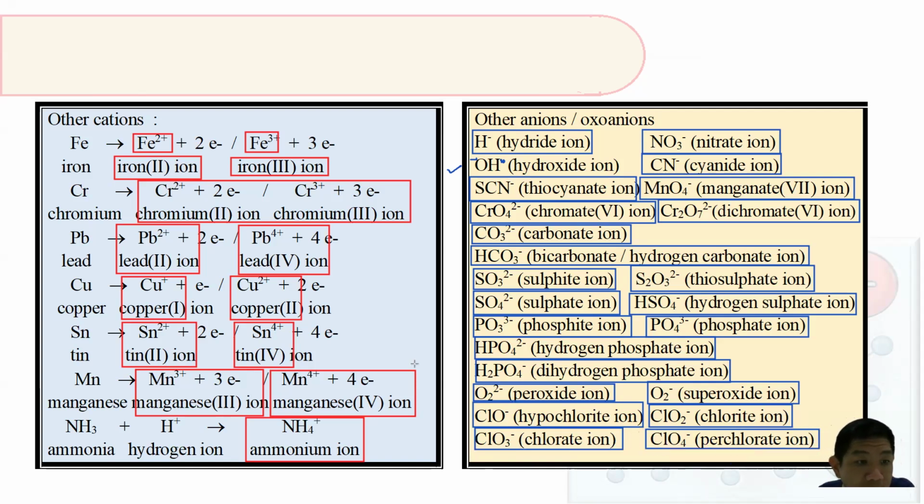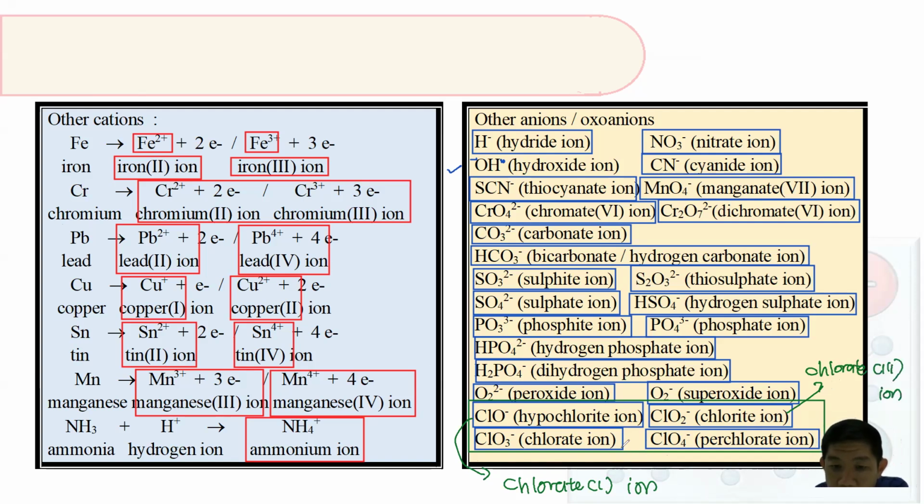Now, as for these ions, especially when they involve group 17 elements, sometimes you can see that they are named using the oxidation state. For example, hypochlorite ion is sometimes also known as chlorate 1 ion. Chlorite ion is sometimes also known as chlorate 3 ion.